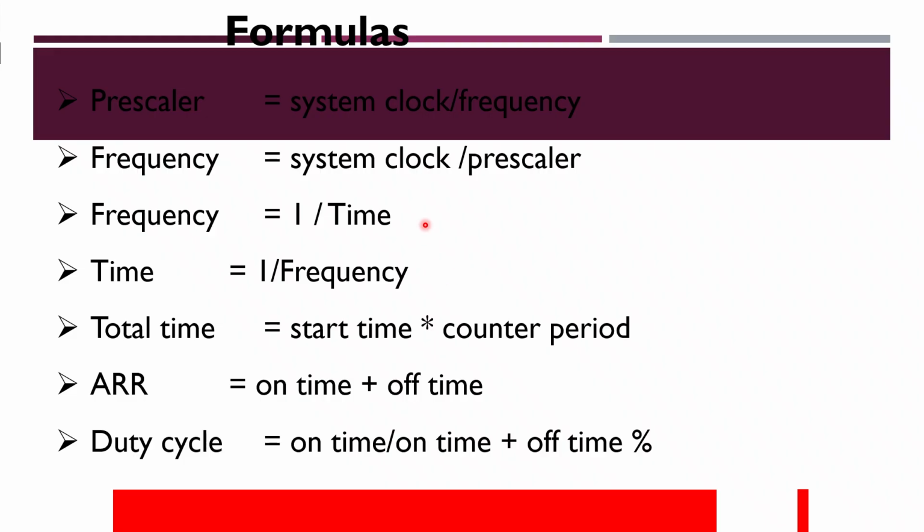These are the alternative formulas for time and frequency. Again, the total time is the start time into the counter period, that is, how many counts it takes.